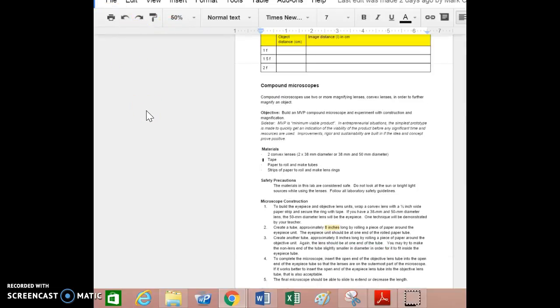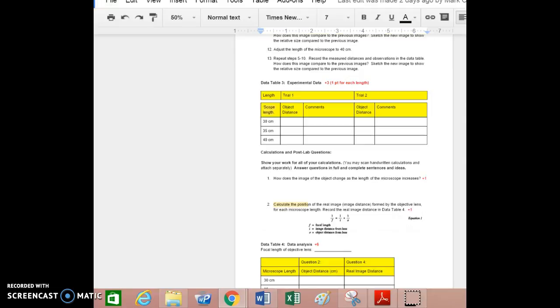If you scroll down the Build a Microscope page, you'll find the compound microscope instructions, which tell you how to make the microscope. Farther down, you have table 3, which is where you would have put your experimental data.